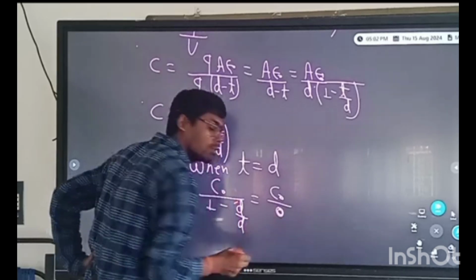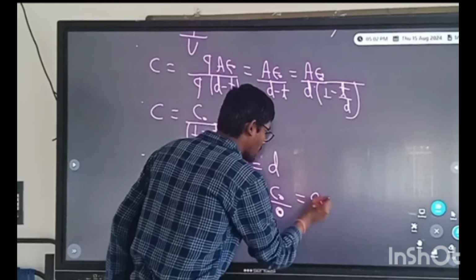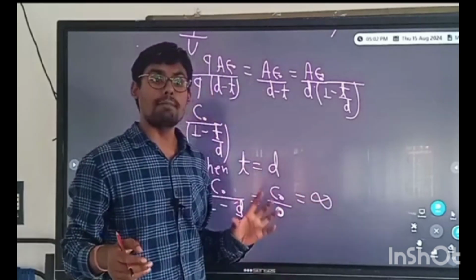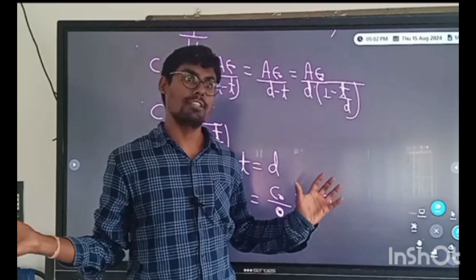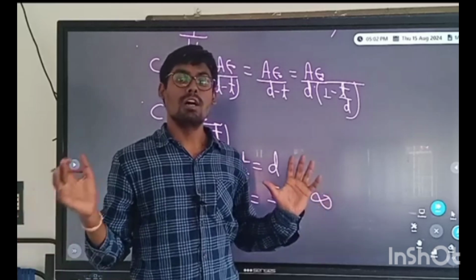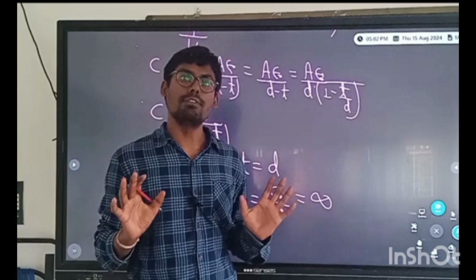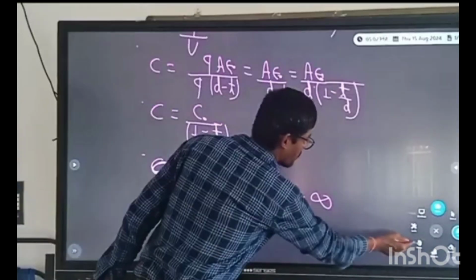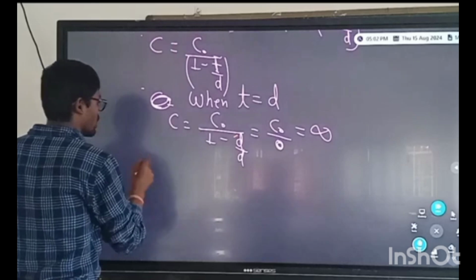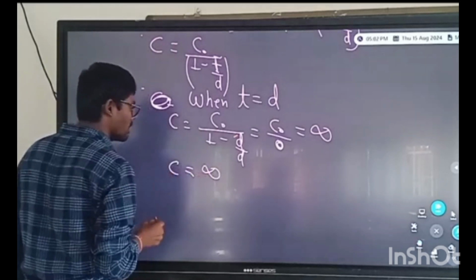Now, 1 by 0 is infinite, so the capacitance of the parallel plate capacitor becomes infinitely large when the conducting slab completely fills the space between the two plates.